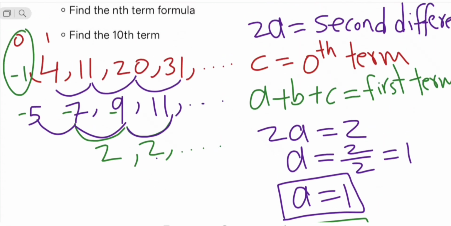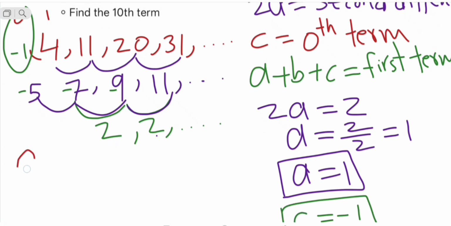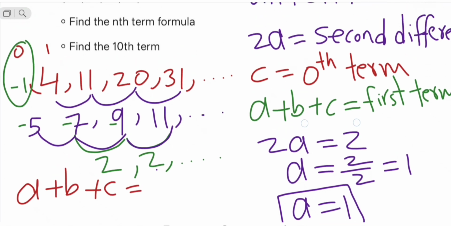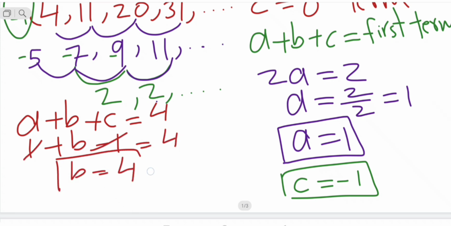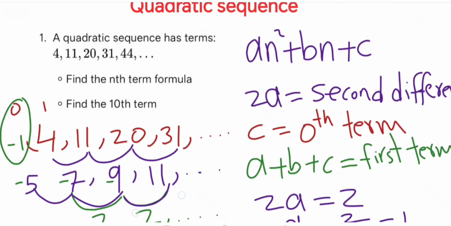Then we need to find b. We will use this way. To find b, a + b + c equals the first term. What is the first term? It is 4. So replace the value of a, which is 1, and the value of c, which is -1: 1 + b - 1 = 4. 1 minus 1 cancel, b equals 4. This is our a, b, c. So what is the nth term?